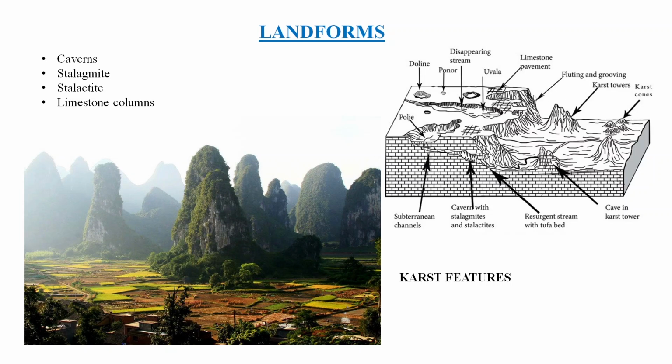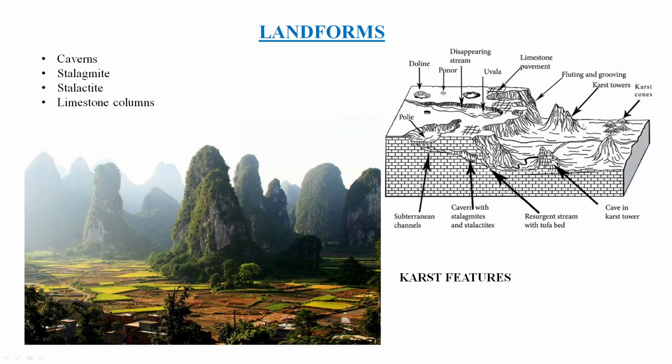Then if some part of this karst topography has its topsoil eroded, and the rest of the part apart from the structures that are present within the caves is eroded, what will happen? It will finally expose the karst towers that were present sometime within some cave or cavern.